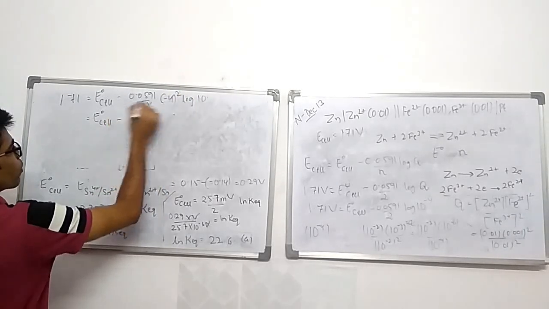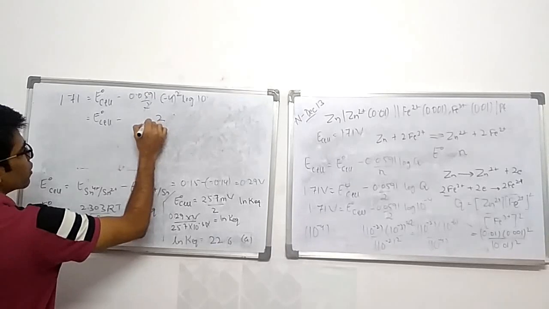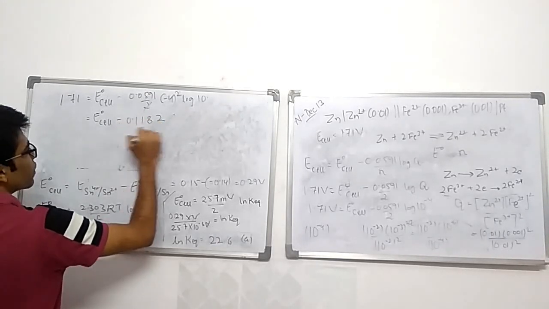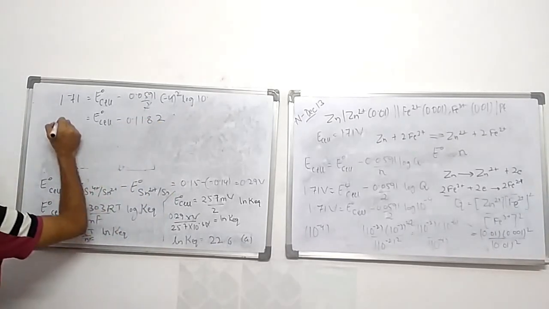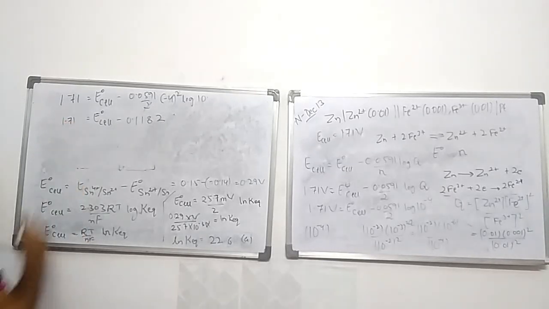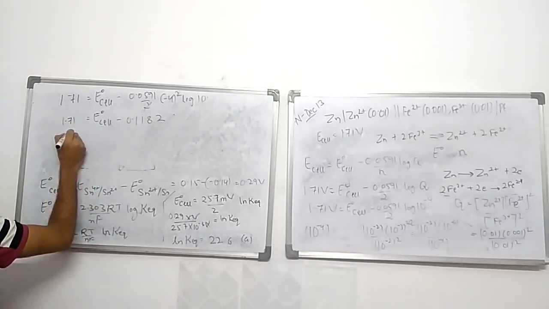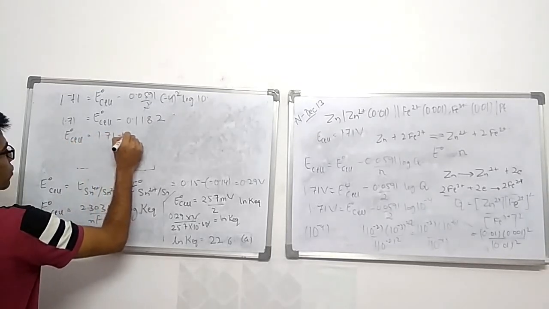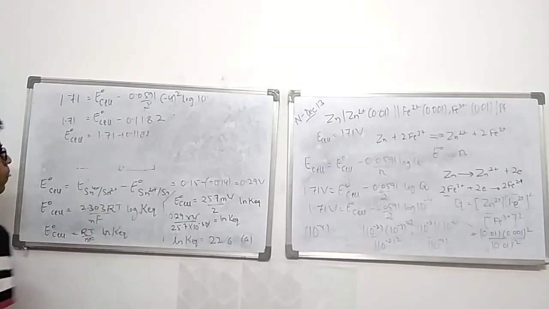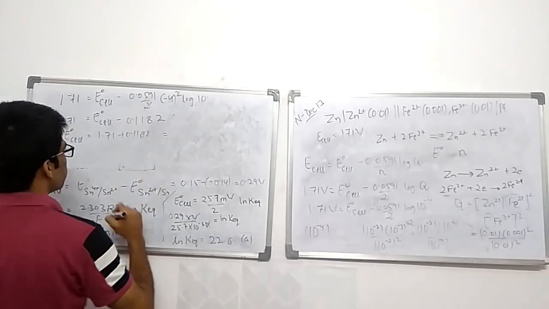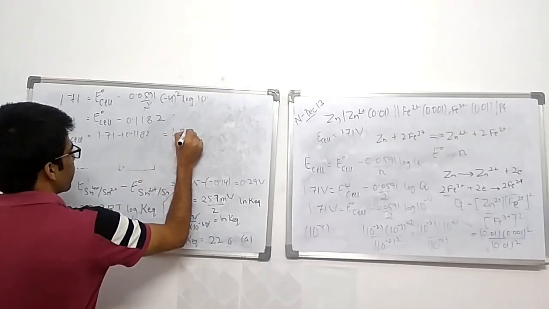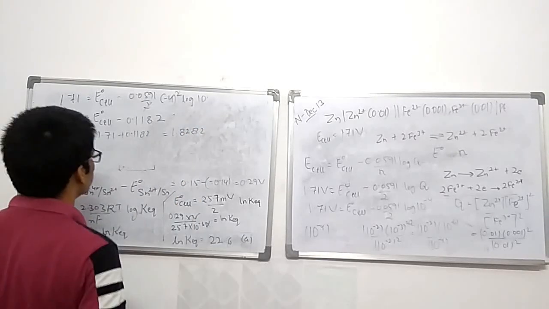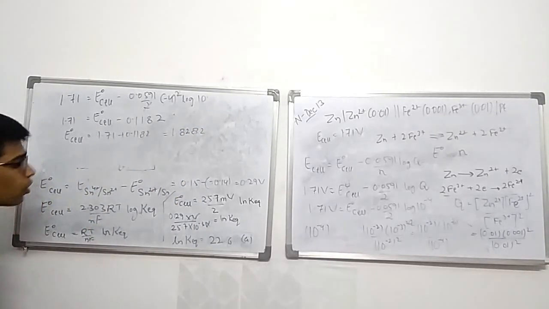So I get 0.0591 into 2, that gives me this, and log 10 is 1. So that is left. And I have 1.71 here. This goes this side, I get E naught cell is equal to 1.71 plus 0.1182. That would give me 1.8282. Correct? Okay.